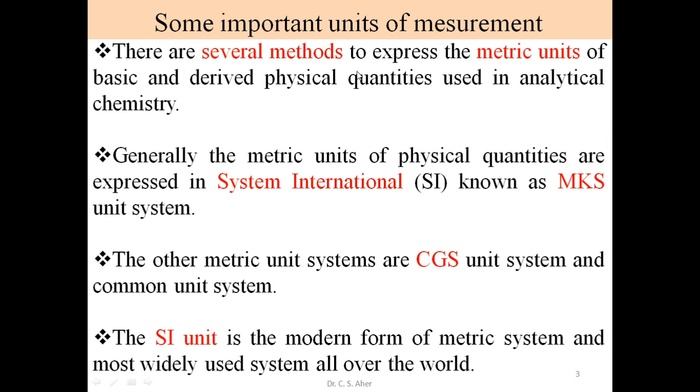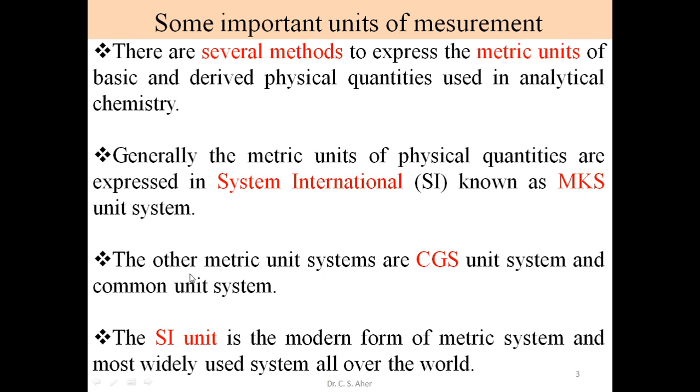There are several methods to express the metric units of basic and derived physical quantities used in analytical chemistry. Generally the metric units of physical quantities are expressed in the Système International, that is SI unit, known as the MKS unit system.